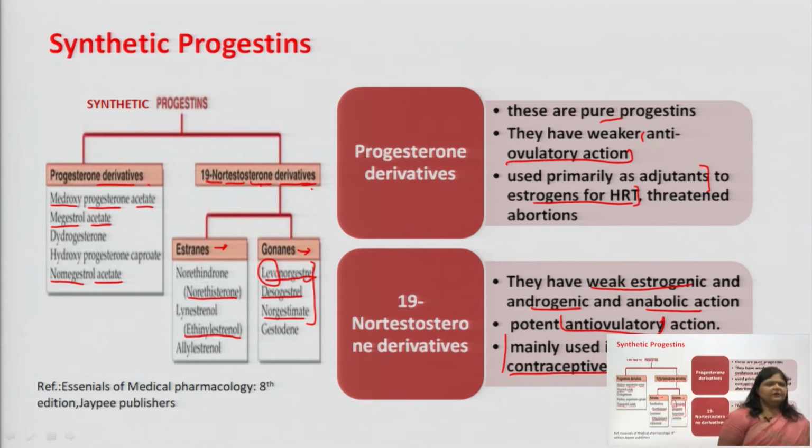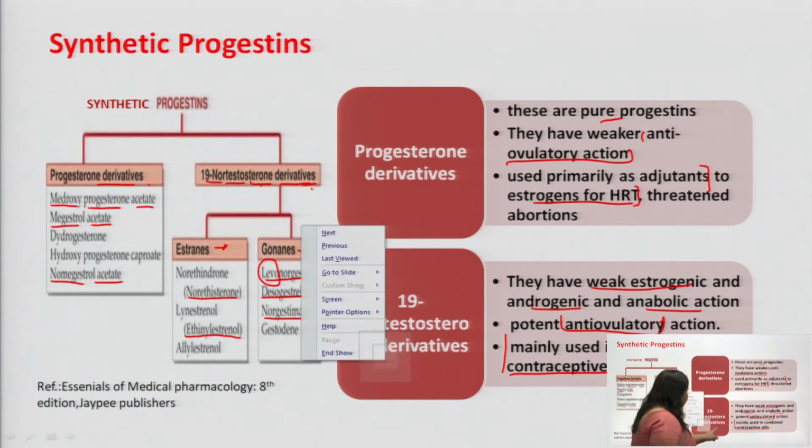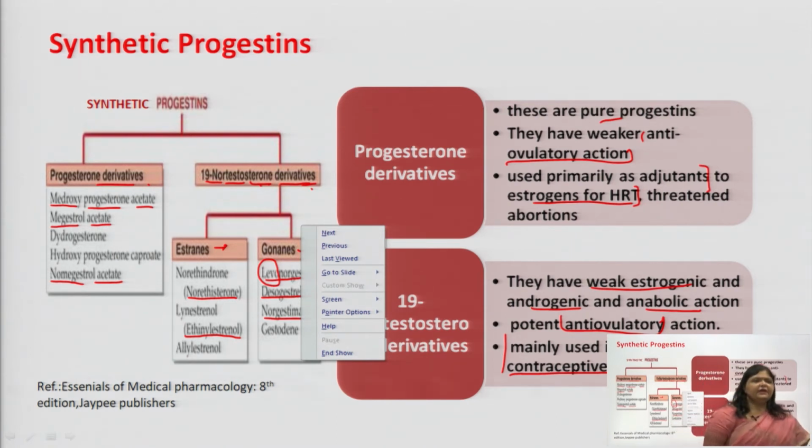So these are the natural ones, we talked about progesterone, and the synthetic ones, which are the progesterone derivatives and the 19-nortestosterone derivatives, estranes and gonanes. These derivatives are used mainly as contraceptive pills, whereas the progesterone derivatives are used with estrogens in hormone replacement therapy as well as in threatened abortions.